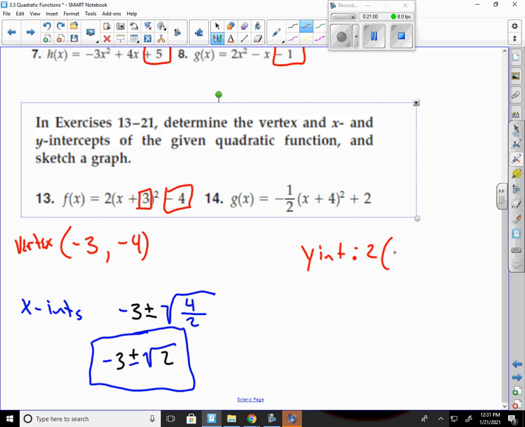So that's 2 times 0 plus 3 squared minus 4. 0 plus 3 is 3. 3 squared is 9. 2 times 9 is 18. 18 minus 4 is 14. That's it.